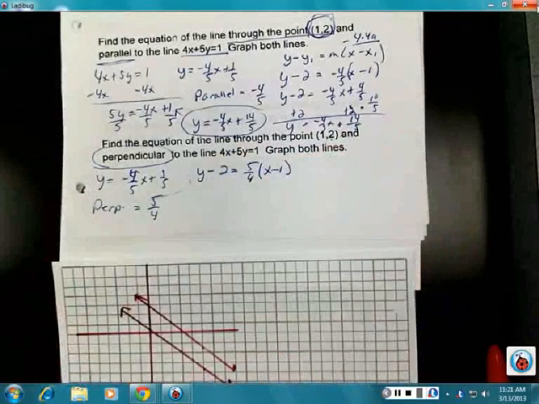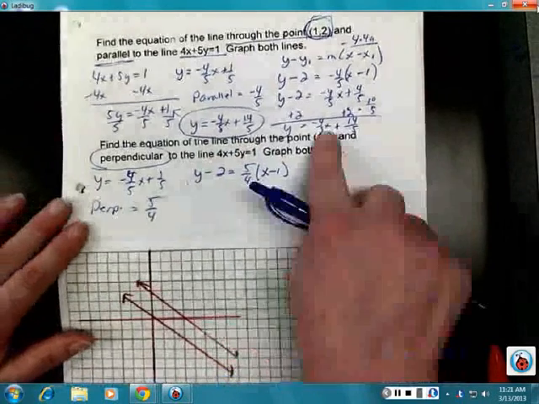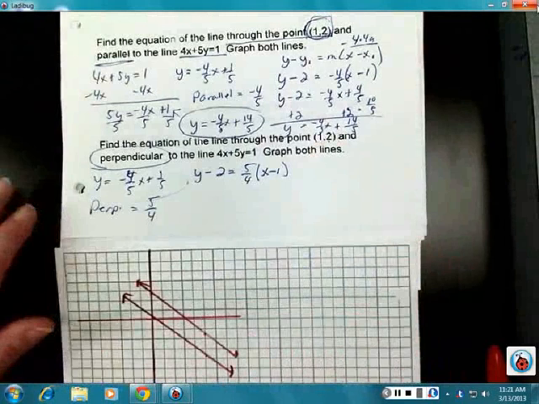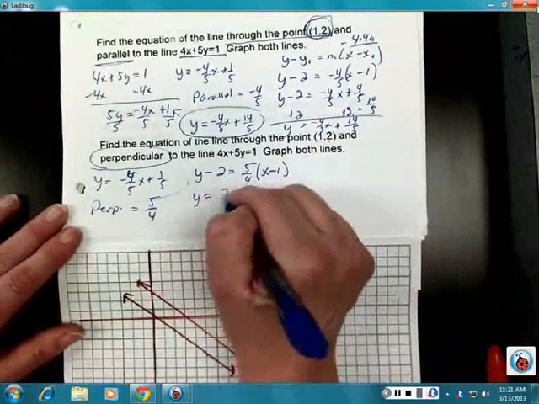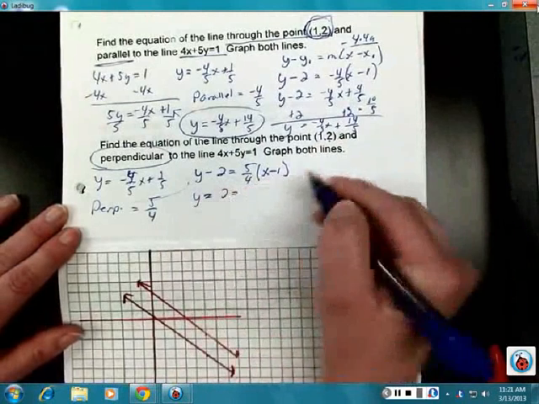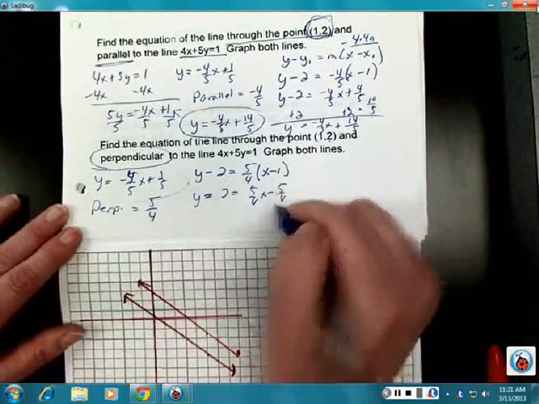It's the same point it was going through, but it's now perpendicular instead of parallel. So now it's y minus 2 is equal to 5 fourths x minus 5 fourths.